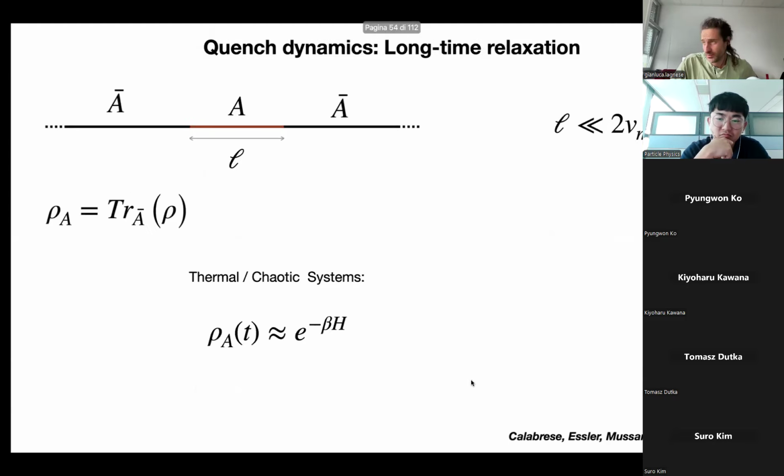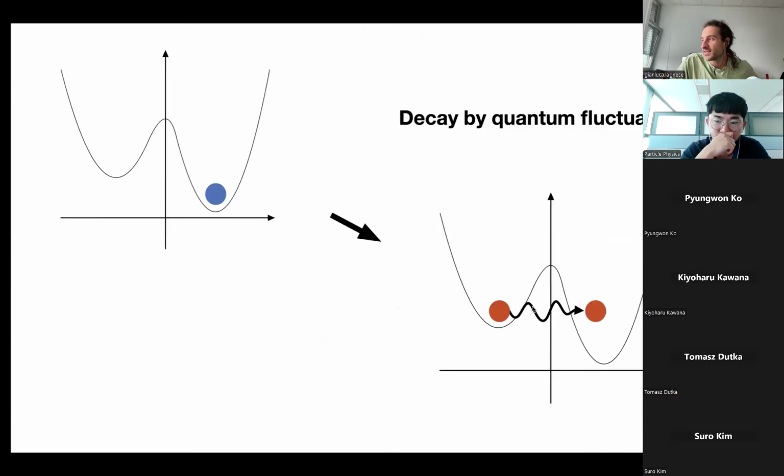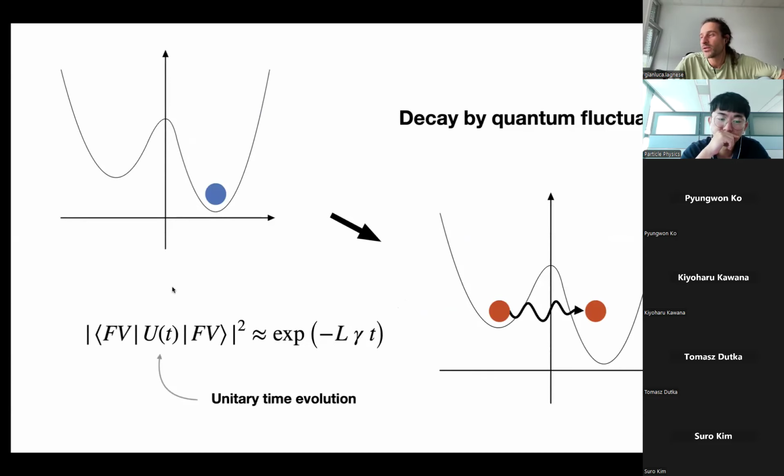Okay, so we want to study this tunneling process, but not tunneling of a single particle, tunneling of a many-body problem. And for us, what is this false vacuum decay? We prepare the initial state to be, as I said, a metastable state.